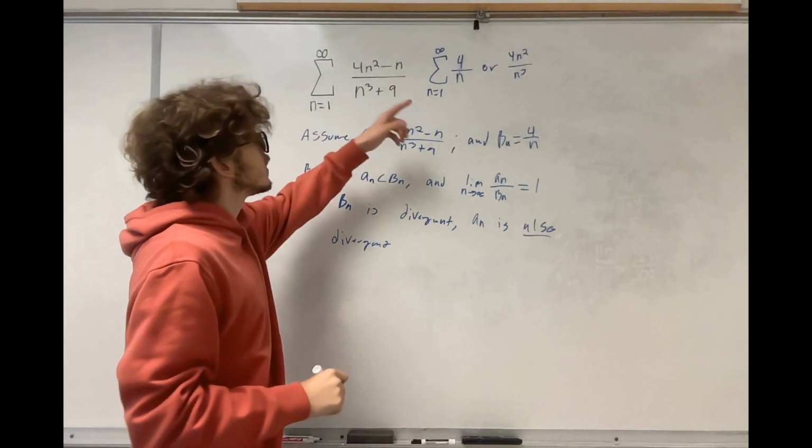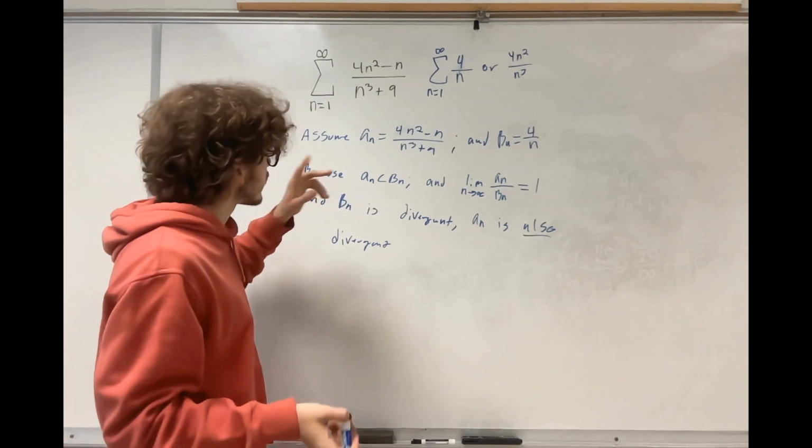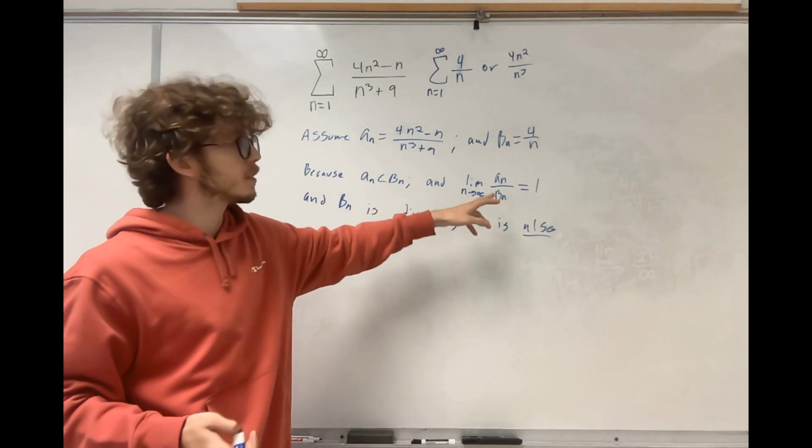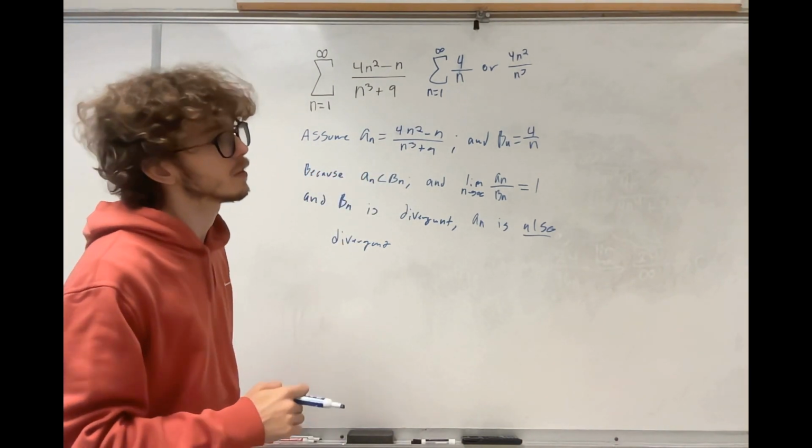So we found because b sub n is divergent, and we took a limit comparison because we found it to be a value, they're linked, and a sub n is also divergent.